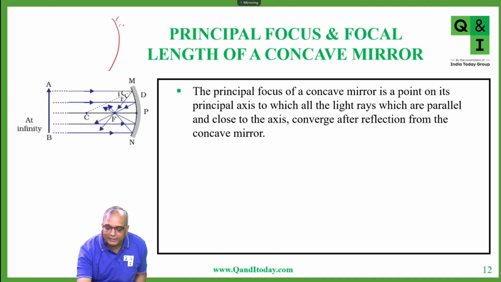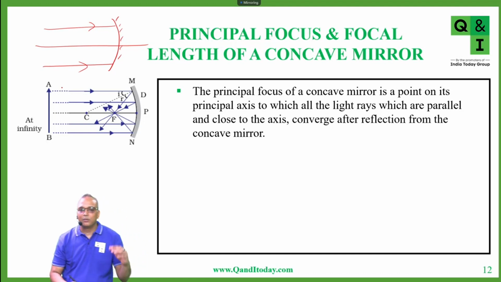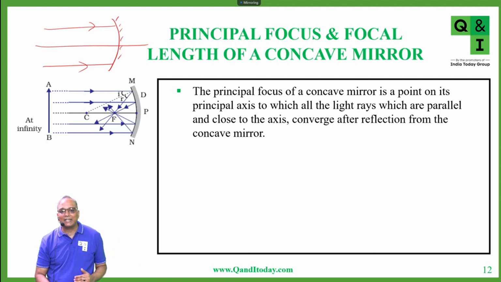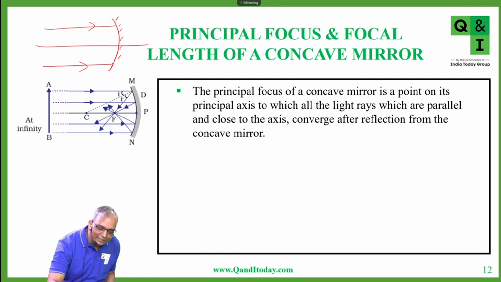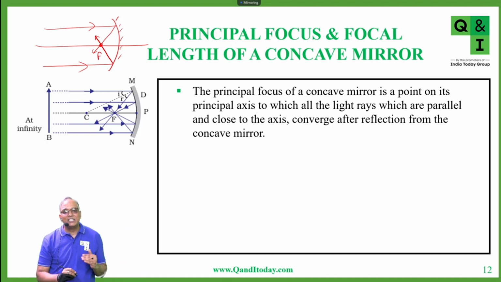I'll draw it here. In this concave mirror, parallel light rays are coming, parallel to the principal axis. After reflection, they converge at one point. The point at which these light rays converge after reflection is called the principal focus of this converging mirror, the concave mirror.